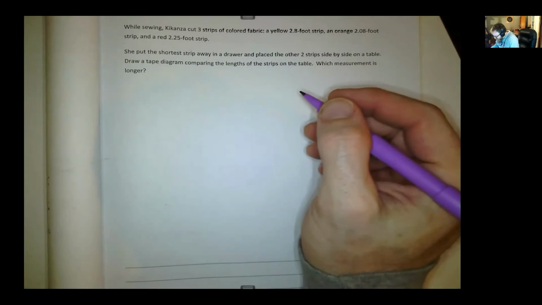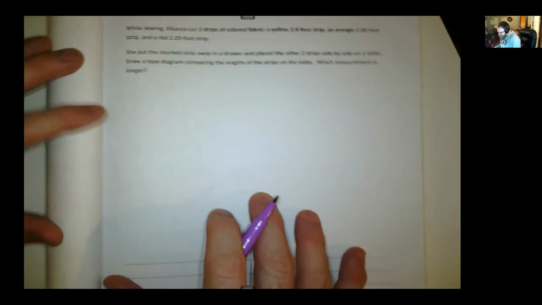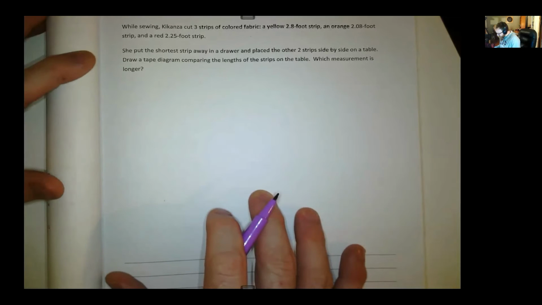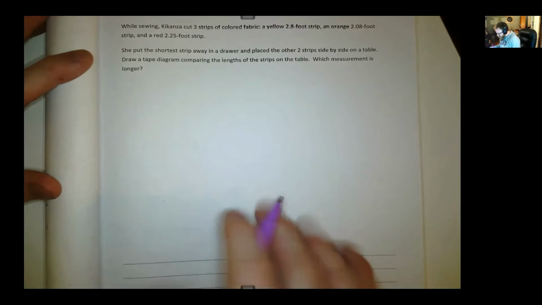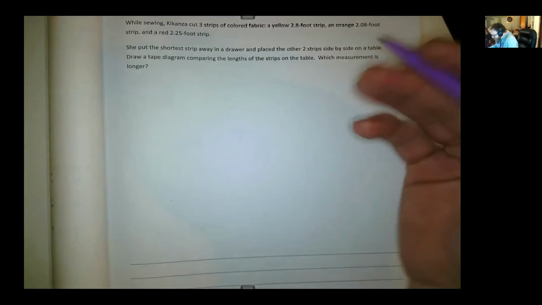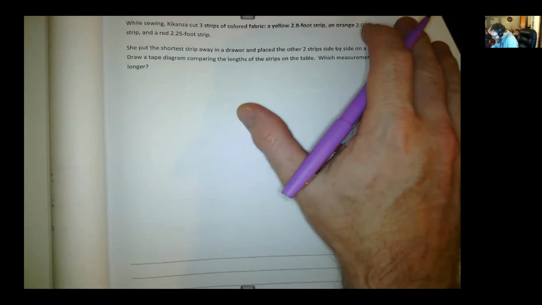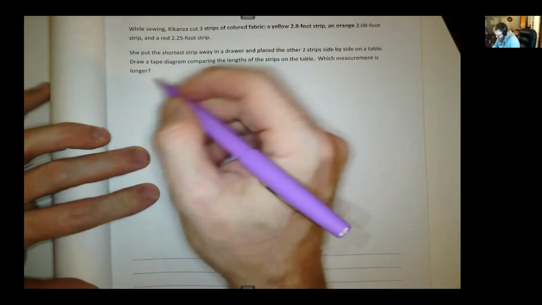So let's draw some tape diagrams to compare these. You need to look in your tenths place first because the digit in the ones place is 2 in every measurement. These are all 2 and something feet long.